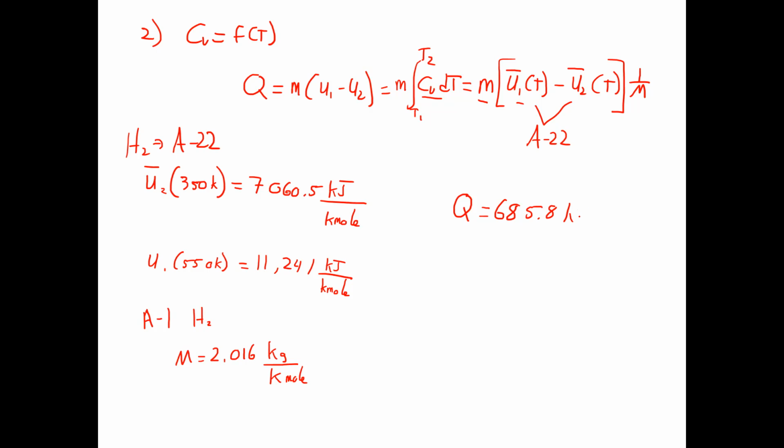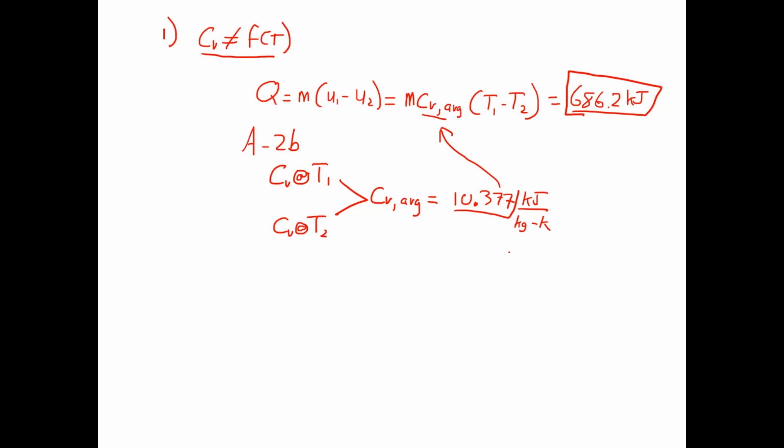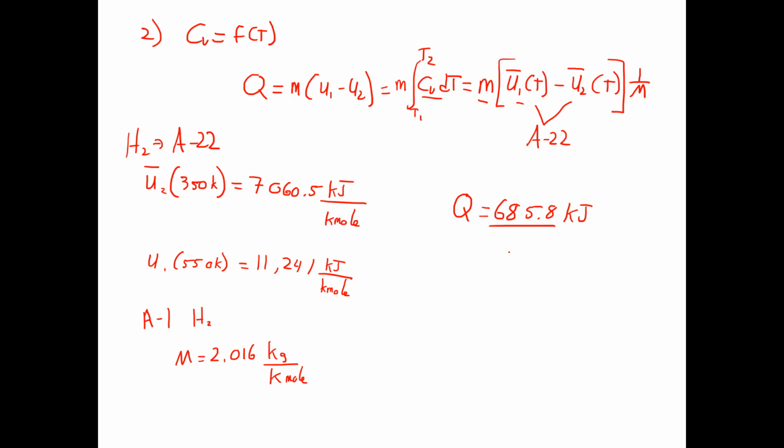As you can see, the number is slightly different. I got 685.8 for variable specific heats, and I got 686.2 kilojoules for constant specific heats. Now, if my temperature difference between state 1 and state 2 was greater, you'd find that the difference in the resulting heat transfer between variable specific heats and constant specific heats would be greater.